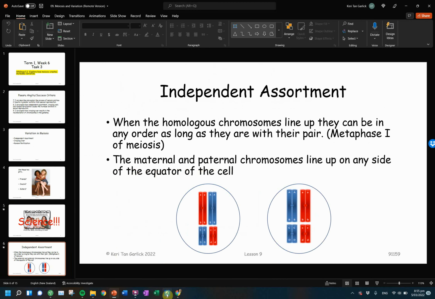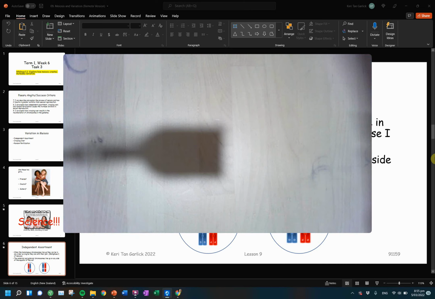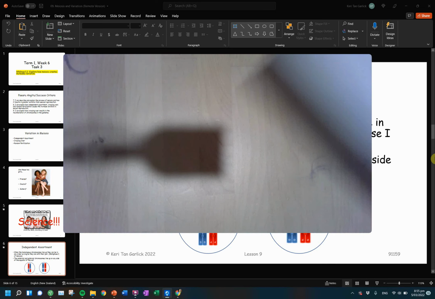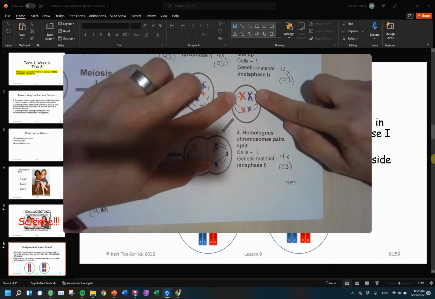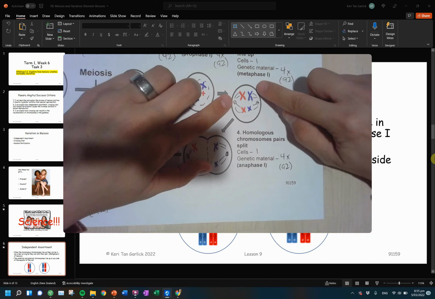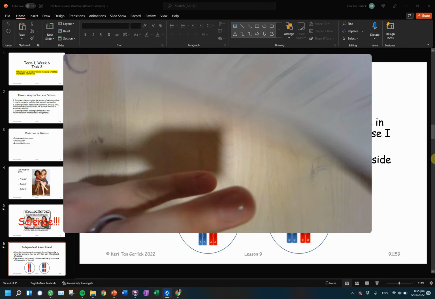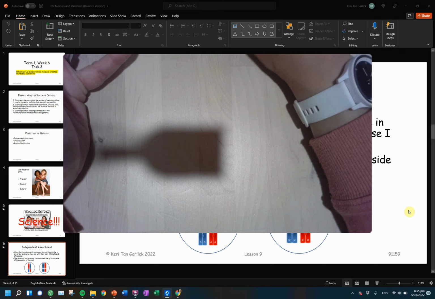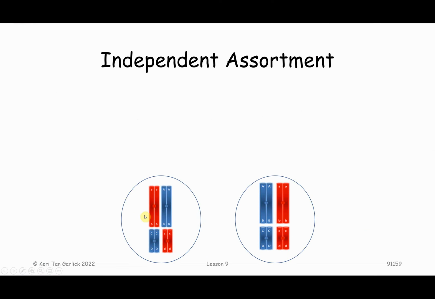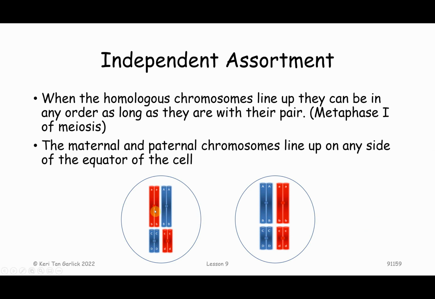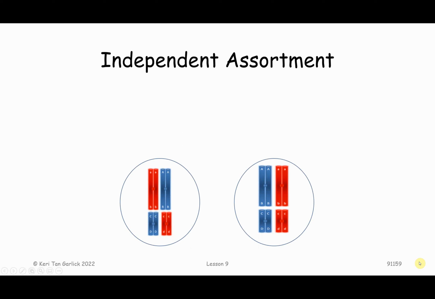If we go to the notes I wrote in the last lesson, I just happened to draw it so that the red chromosomes were on the same side as the blue chromosomes. But it doesn't need to go that way. It can also go in this orientation, where I get a red and a blue and then a blue and a red. So that's where it's going to divide down. Both of those are possible.